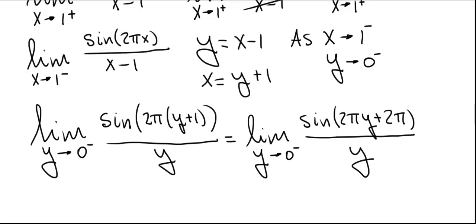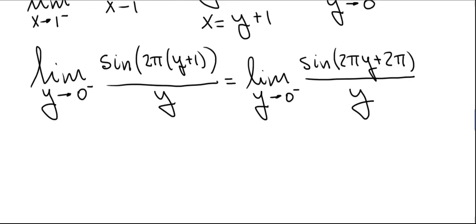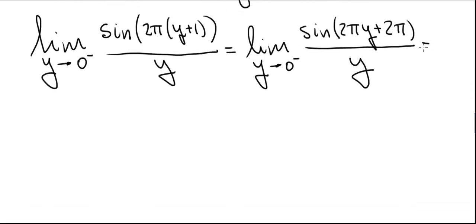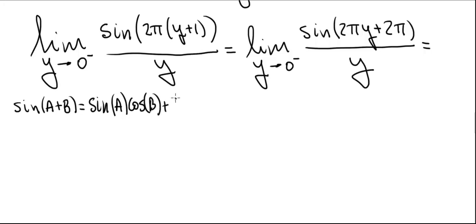Let's use a trig identity: sine of (a plus b) equals sine a times cosine b plus sine b times cosine a.